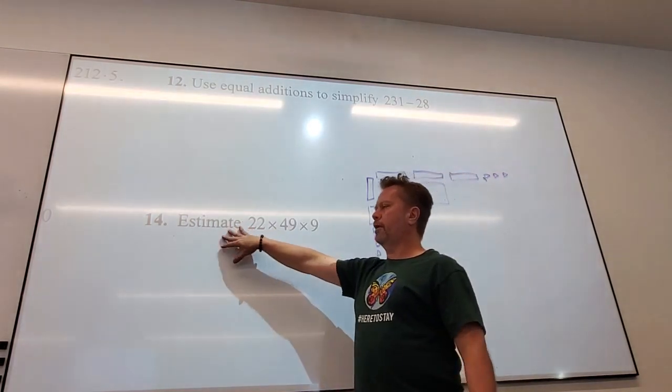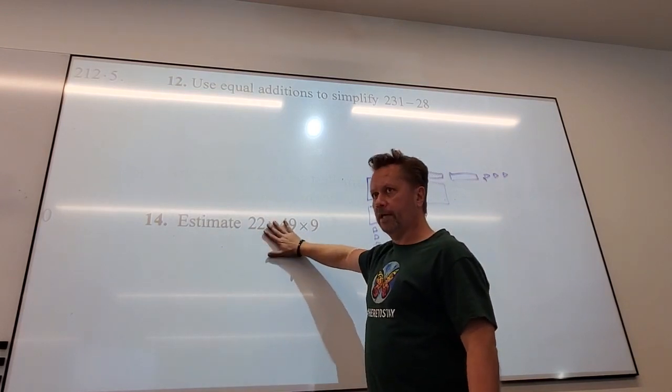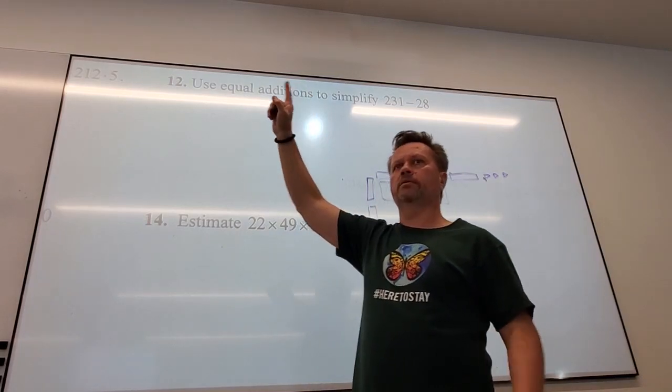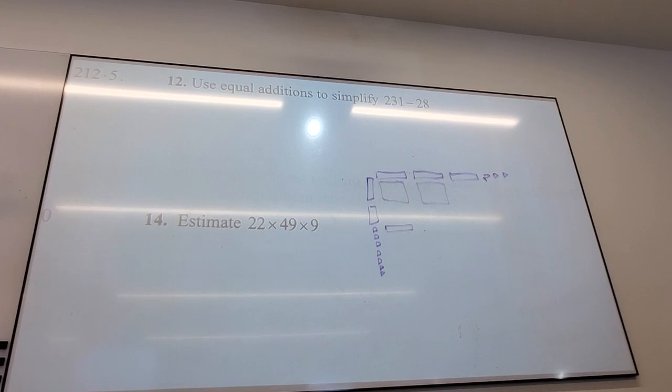I didn't ask for a range estimate or anything, I just want you to estimate. So the idea of estimating multiplication is, if I make part of it go down, something else has to go up, so that overall it comes out to be the same product. Like, what's 4 times 5? 20. What's 2 times 10? 20. So 4 times 5, if we make that go down to 2 and that go up to 10, it's still the same product.